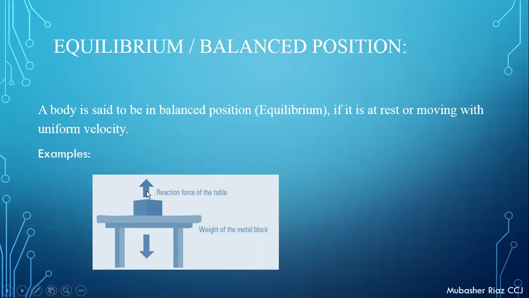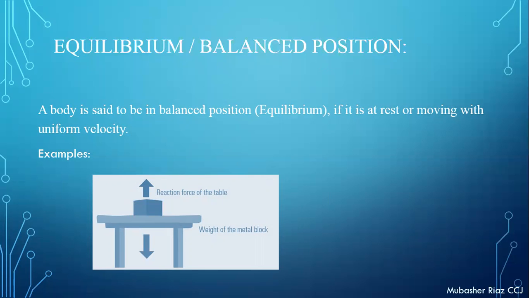Under the action of these two forces, because they have the same magnitude but opposite direction, this metal block remains at rest. So this is said to be a state of equilibrium, or it is called the balanced position, when this object is under the action of two balanced forces and is at rest.